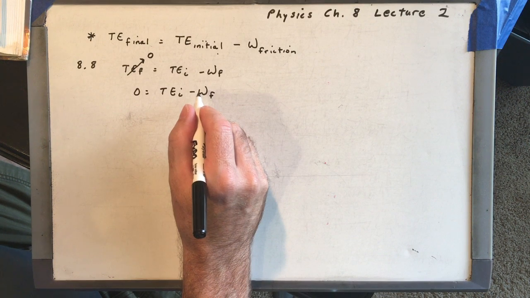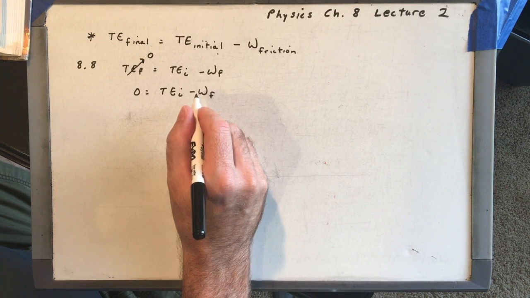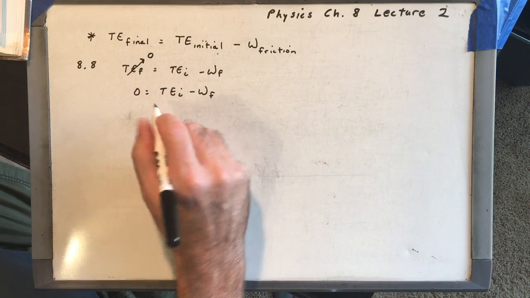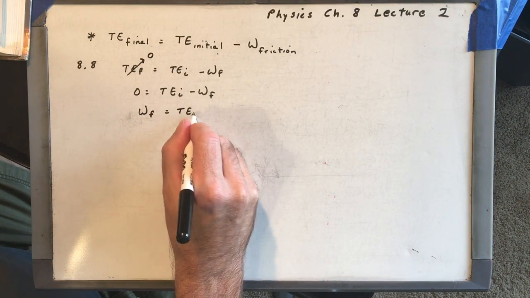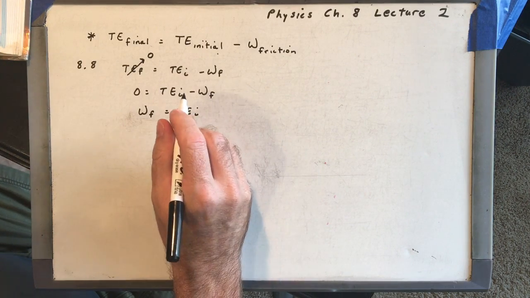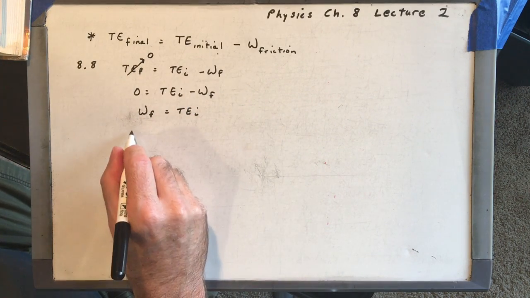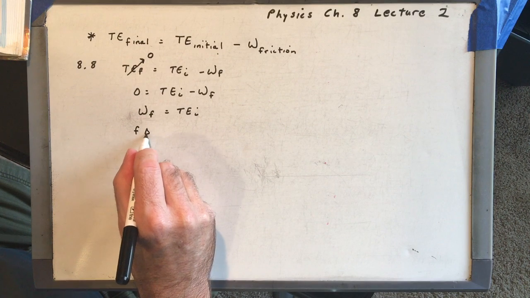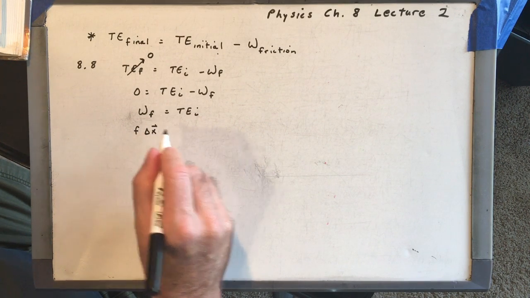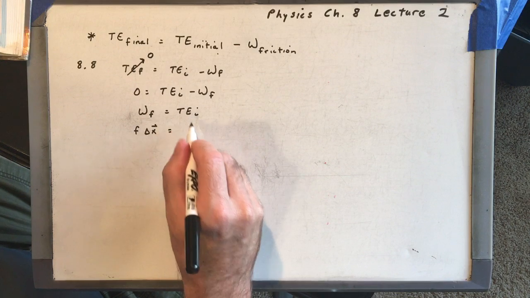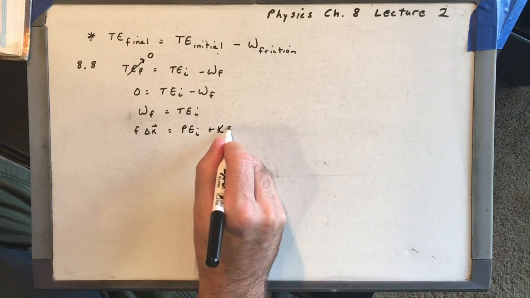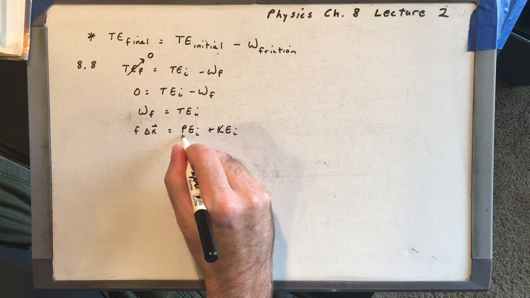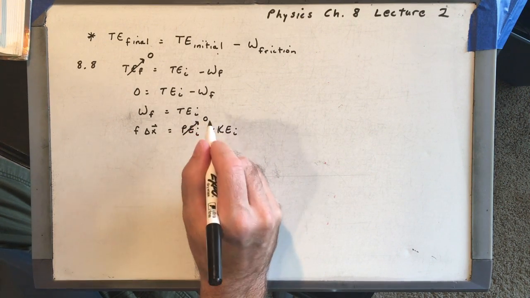All right, so we can bring the work done by friction over to the left here. We know that work done by friction from before is friction times displacement, F delta x, and that'd be potential energy initial plus kinetic energy initial, but it's on a level sidewalk, so it has no height.